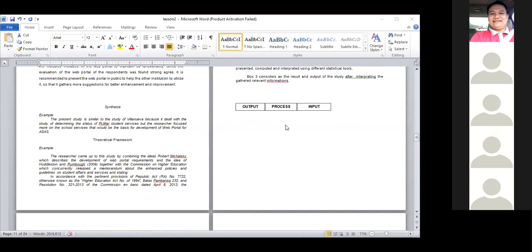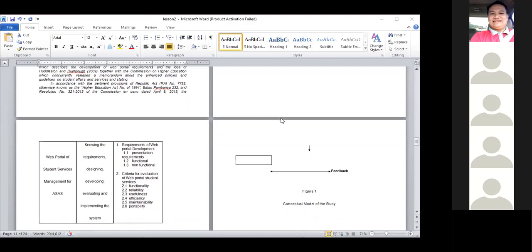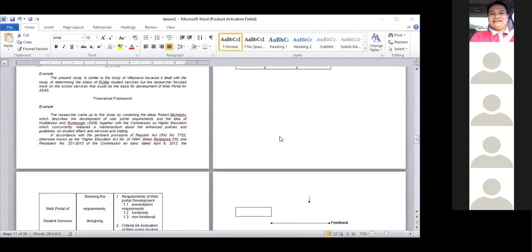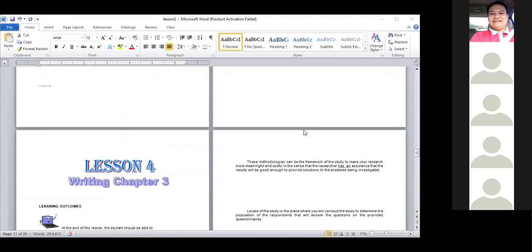And then yung process naman natin will be found in your chapter 3, including the statistical treatment, how you gather the information, how you gather the data, etc. And then the output naman is the title of your study, or what will be the improvement, or the plan that you are going to develop in case there is a need for you to develop. Okay, so that is for the output. Yeah, so that is for chapter 2.